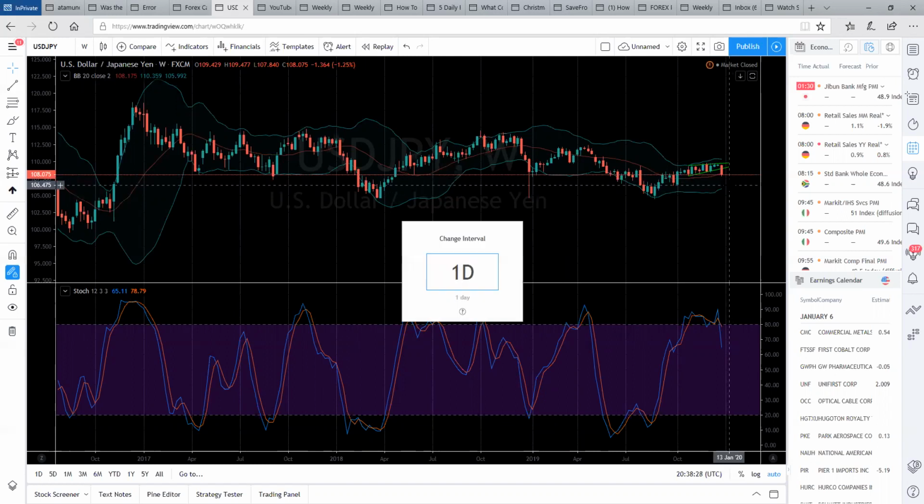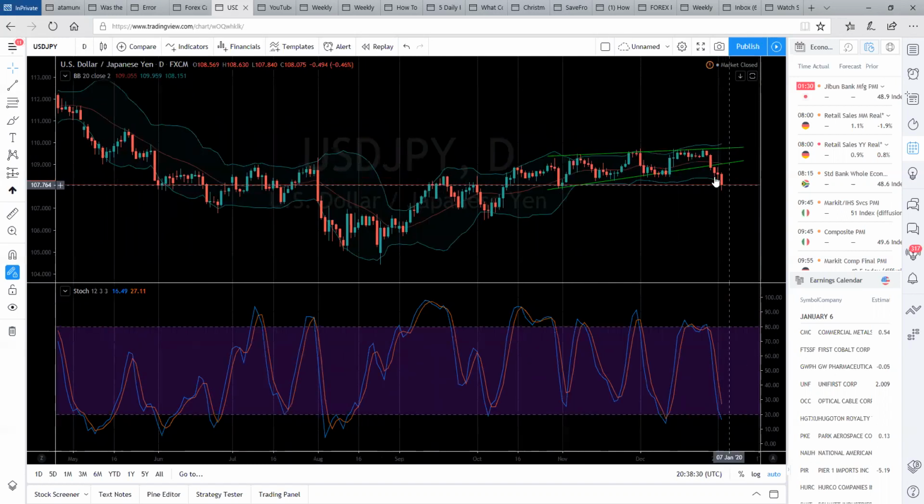On the daily, what do we have? Excuse me. We're expecting that small retracement, and continue lower. We might not get to 108.50, but basically just look forward to a small retracement and continue selling.